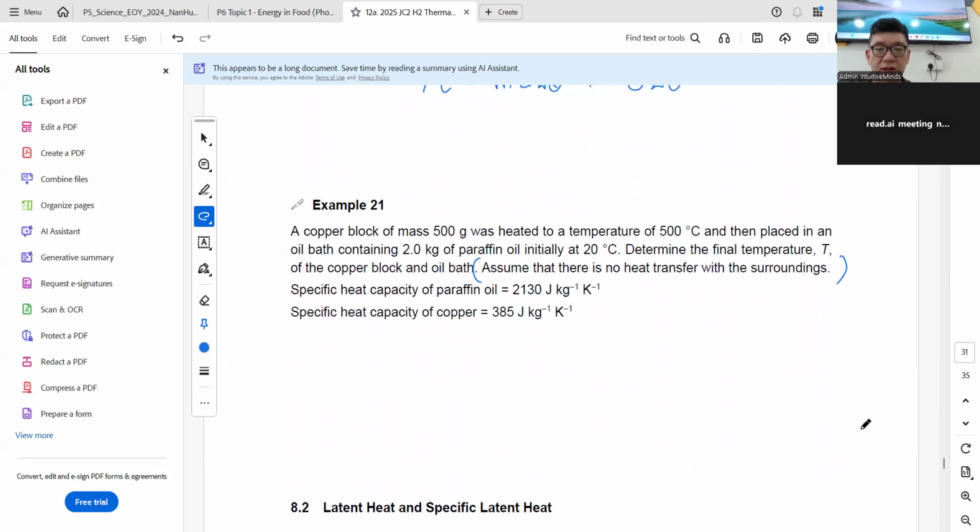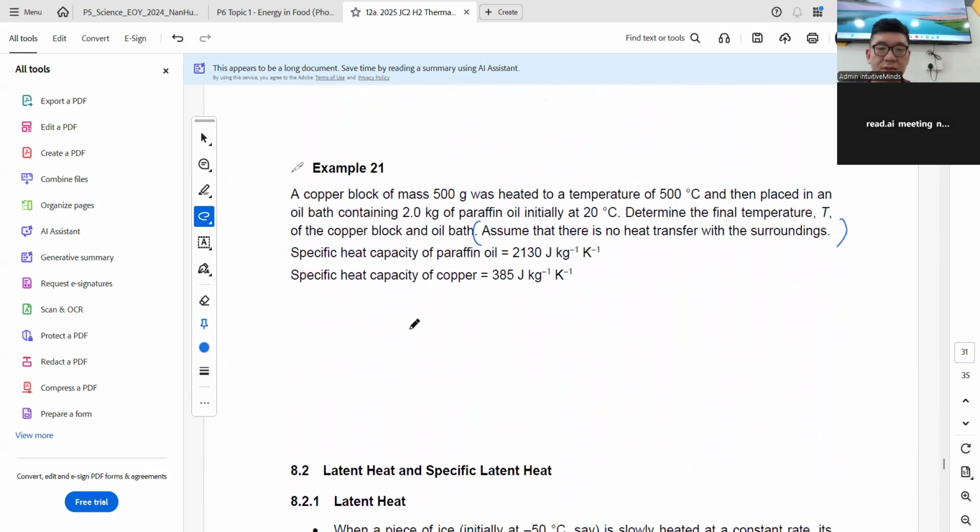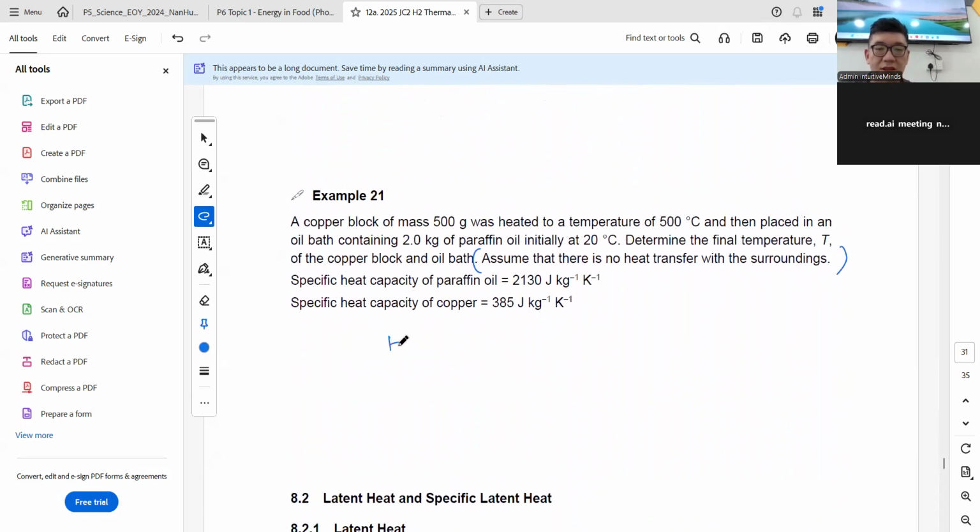Okay, this one is slightly more difficult. So it's about heat gain equal to heat loss. So the heat gain is the paraffin. So mc delta theta of paraffin equals mc delta theta of copper.